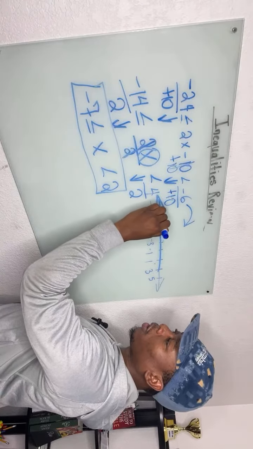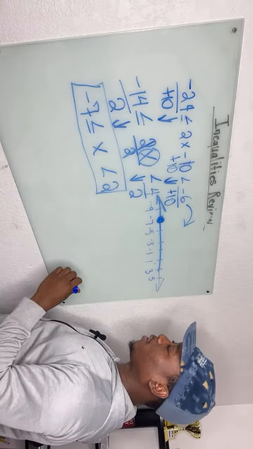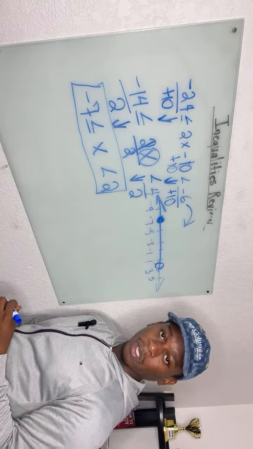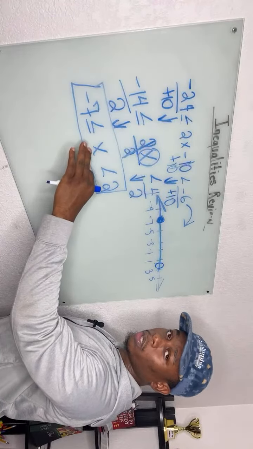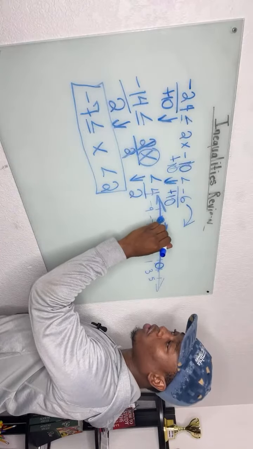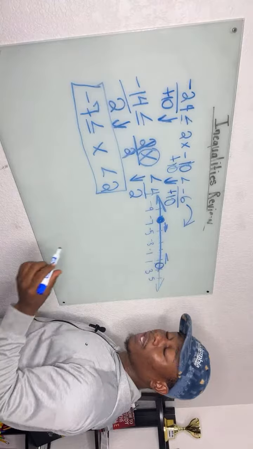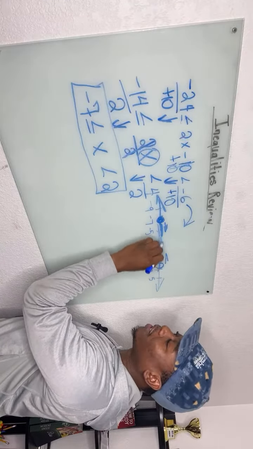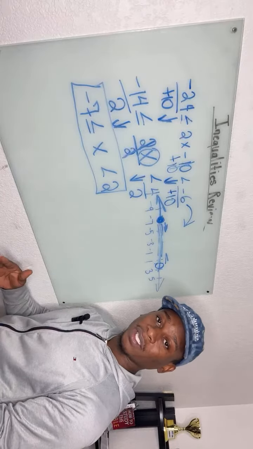It's greater than or equal to, so I should have a closed circle. And then positive 2, which should be right here, and this is an open circle. So if x is greater than or equal to negative 7, that means we're shading towards the right. And if x is less than 2, that means we're shading towards the left. So because this graph is running towards each other, guys, that's how we know our answer is correct.